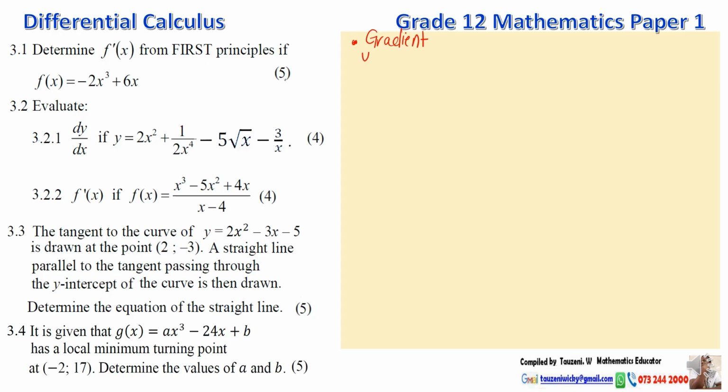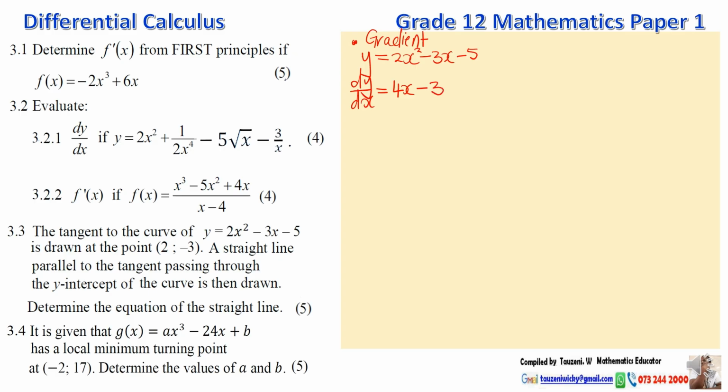So, what we do is that we differentiate the equation of the function that we have. And after differentiating, we now have an expression. Basically, the derivative is the gradient. The derivative is the rate of change. Therefore, it is also the gradient.